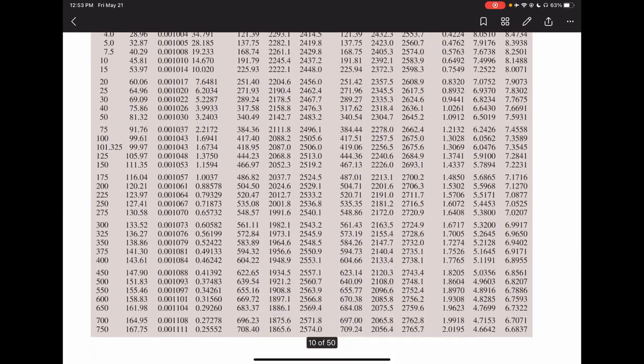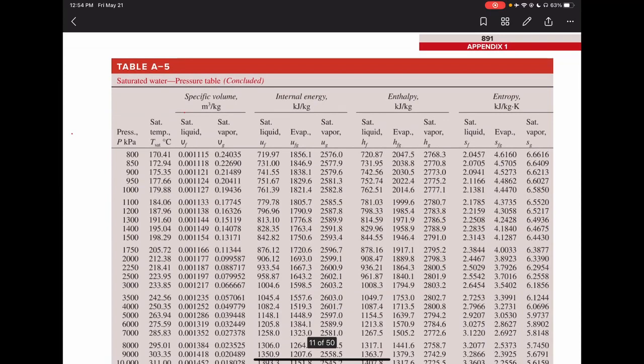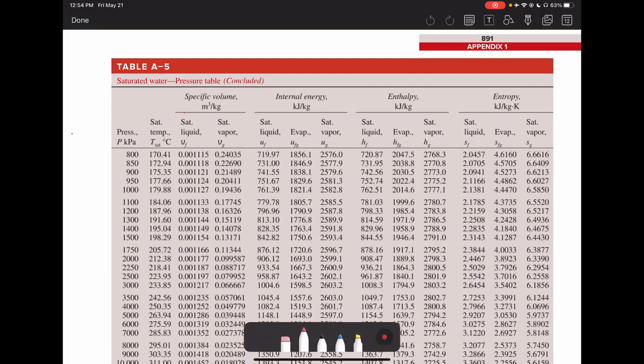So we go to PI, 800 kilopascals, which is the first line on this page. And we know that our temperature is equal to 400 degrees Celsius, which means that T is greater than Tsat, which means we have a superheated vapor.